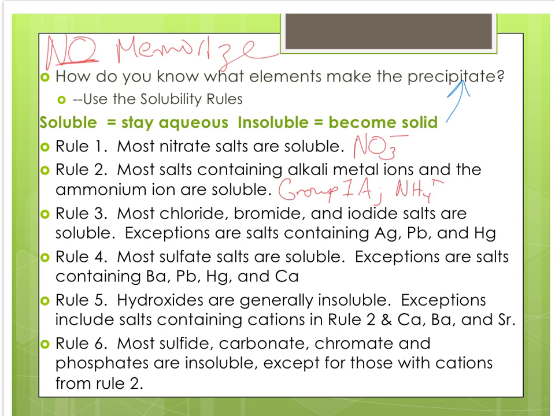Rule 3, most chloride, bromide, and iodide salts are soluble, except when they contain lead, silver, and mercury. So we saw in our example, silver chloride was our solid, because that's an exception.